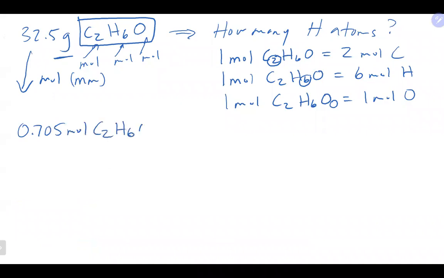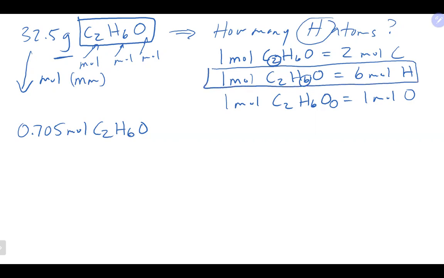Once again, we're not interested in the whole thing, just the hydrogen, so we use the relationship we got from the formula. We get rid of moles of the entire thing, so 1 mole of the entire thing goes on the bottom, and that tells me I have 6 moles of hydrogen.